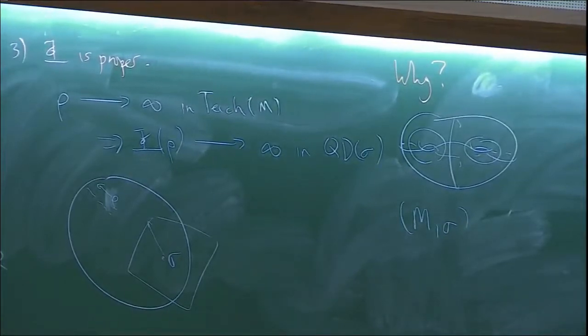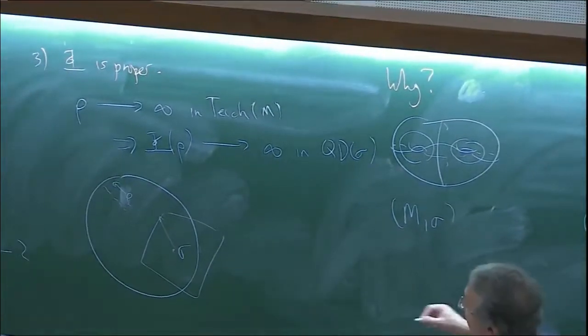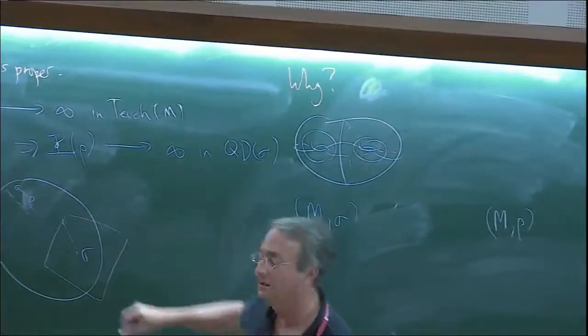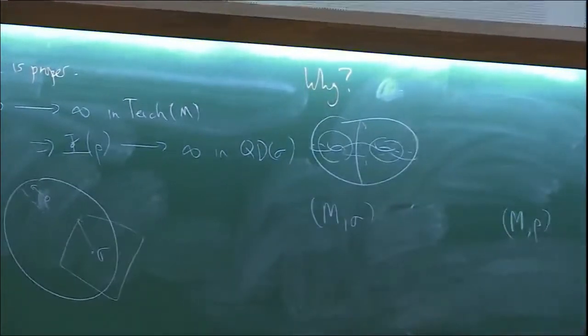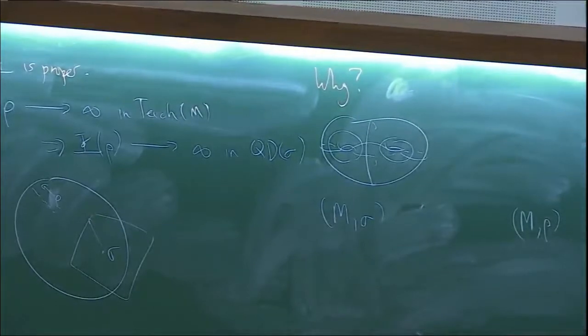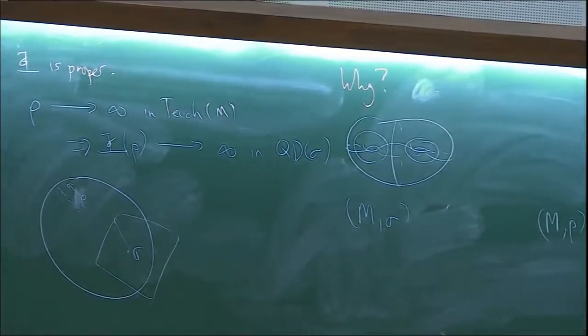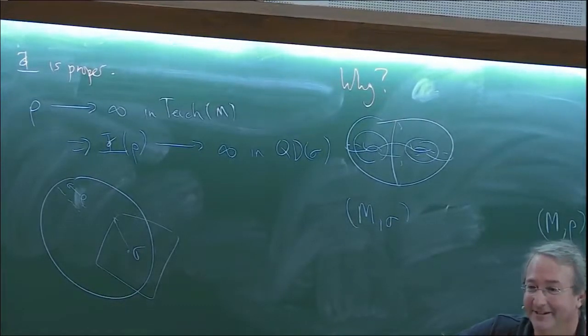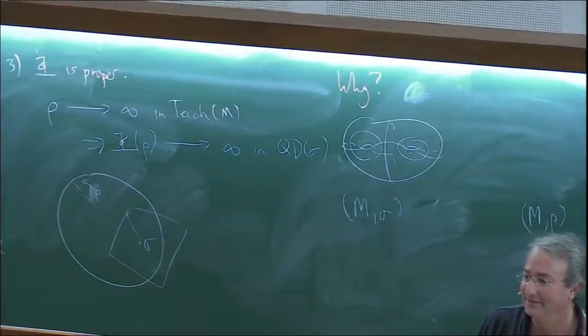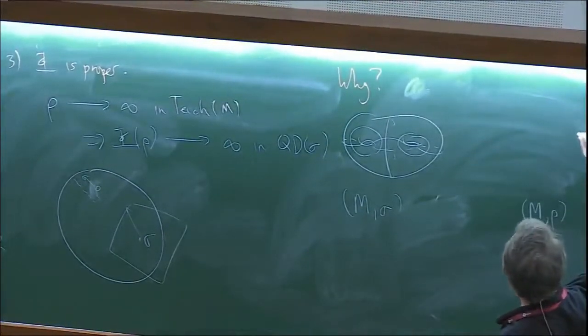Now, if M rho is far out in Teichmuller space, one of those curves has gotten big. If they all stay small, they all have length less than 20, then I haven't degenerated. Something has to get big.